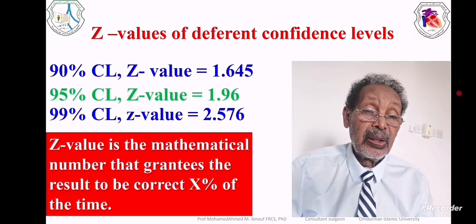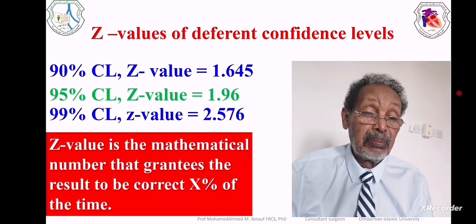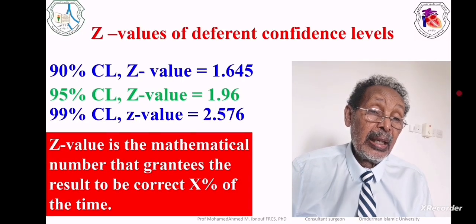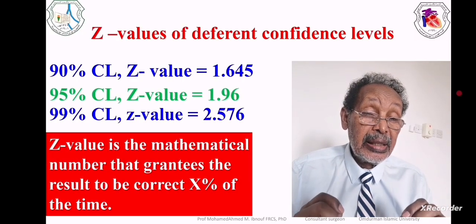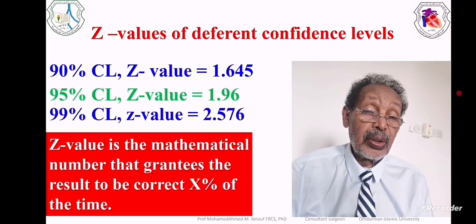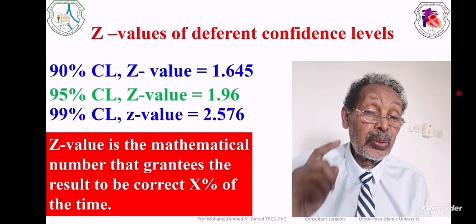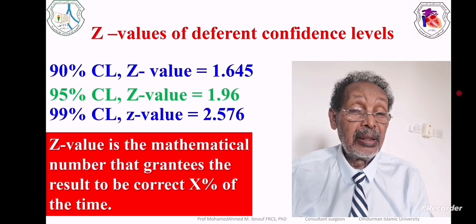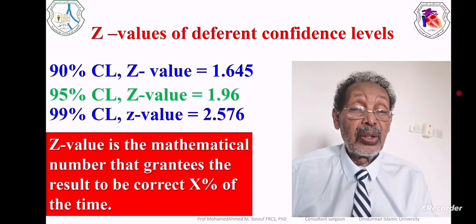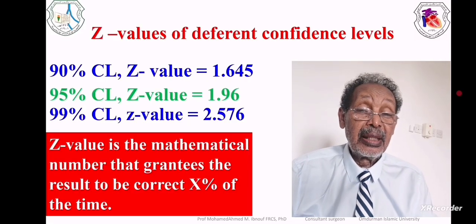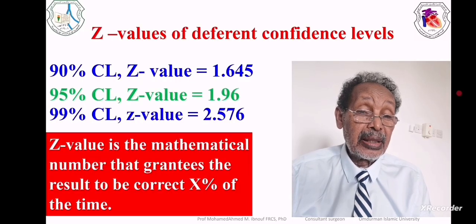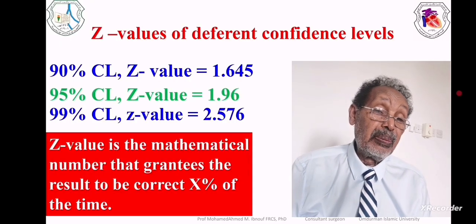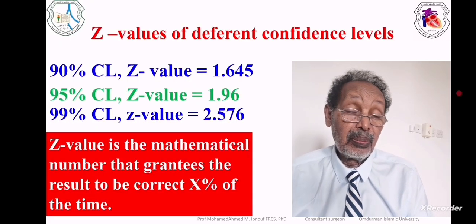The z-value is the mathematical number that guarantees the results to be correct at 90% or 95% or 99% confidence, that is, 90%, 95%, or 99% of the time, or at 90%, 95%, or 99% of probabilities.